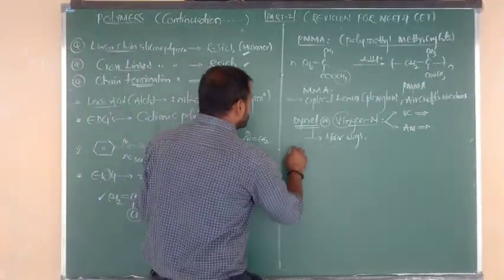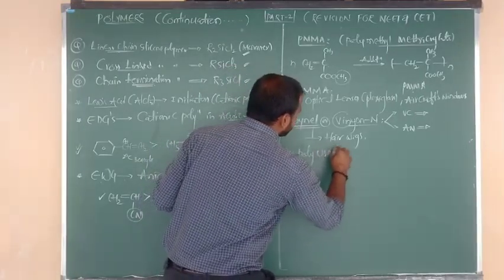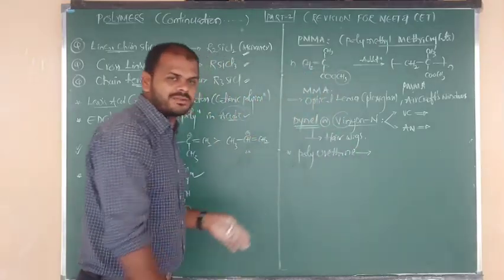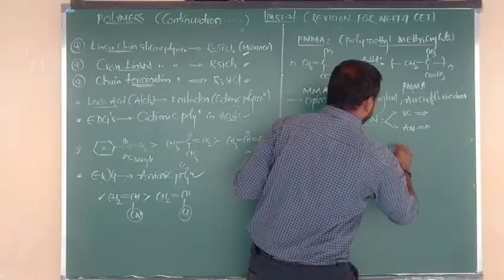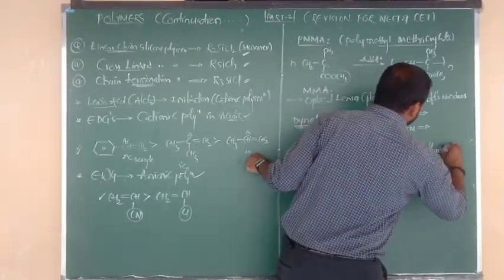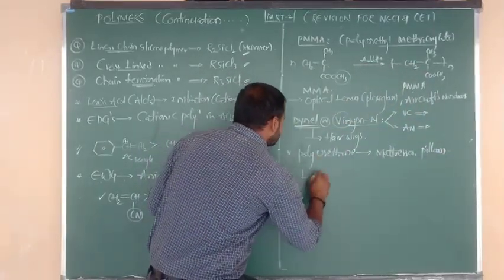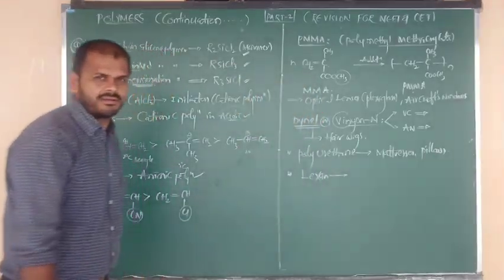Remaining 2-3 other polymers are there. One is polyurethane. For this you don't need to know any monomer, just try to remember the uses. Polyurethane is used in making mattresses and also pillows. Next one is Lexan.